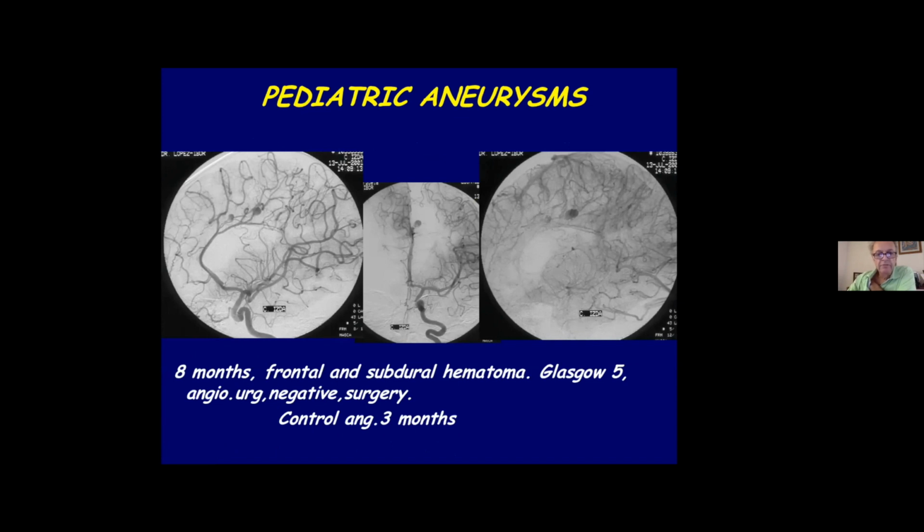But 3 months later, I had a control angio, and in AP view you see the lobectomy, hypovascularization of this part, leptomeningeal anastomosis, and 2 dissecting aneurysms around the forks. This is the pericallosal artery, and this is the forks. Probably it's post-traumatic. This is in lateral view.